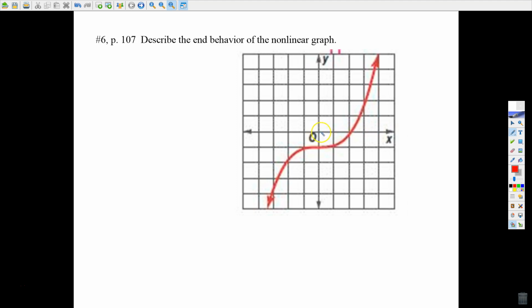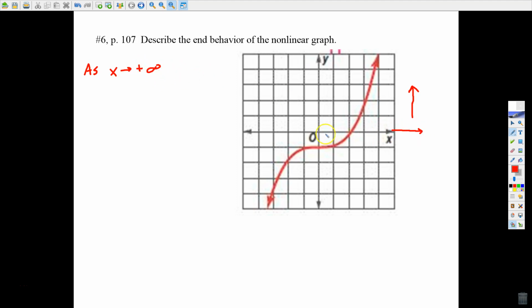So as you can probably tell, as our values for x approach positive infinity, I'll just indicate it with that arrow, the value of y is also going in the positive infinity direction for the y-axis, which is straight up. So putting this together in a statement, we'll say as x approaches, with an arrow, positive infinity.